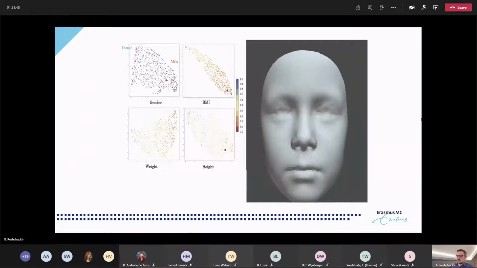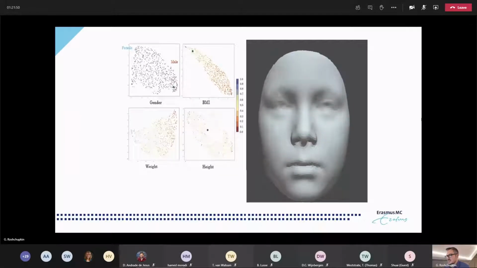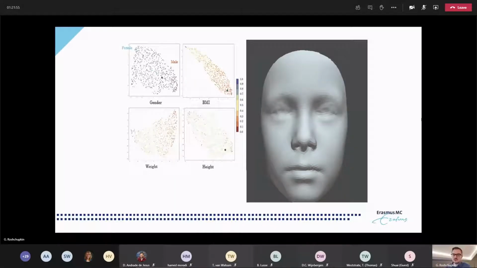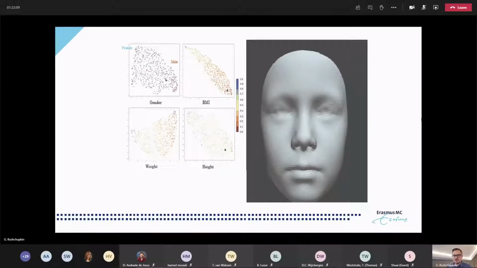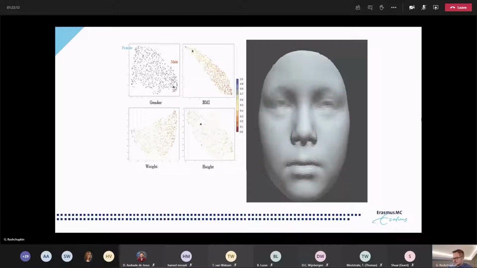In this example, that's just basic characteristics, but you can also link it to cardiovascular problems or genetics or behavioral problems in kids. And this is something similar to the methods used now in Snapchat or Instagram and so on. But in this case, we're applying it to clinical settings.